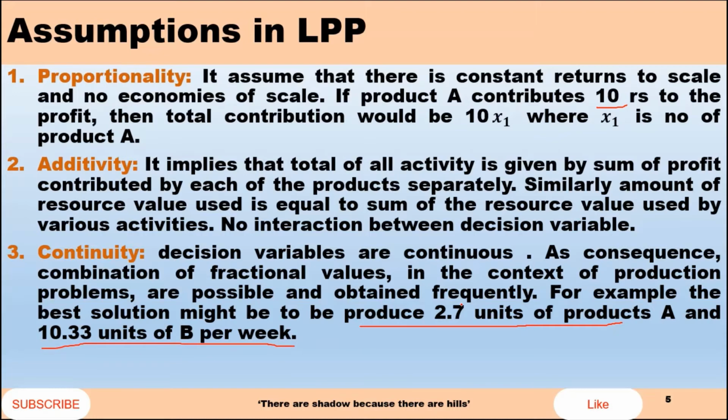Many times in certain problems, like how many machines should be purchased, you might get 3.5 machines, or 7.3 men. Such a situation may arise because decision variables are continuous in nature. There are certain methods to deal with this kind of situation. We will see that later on.